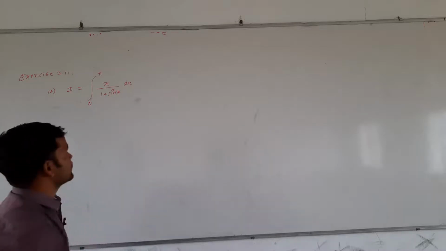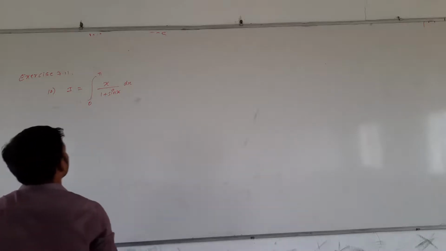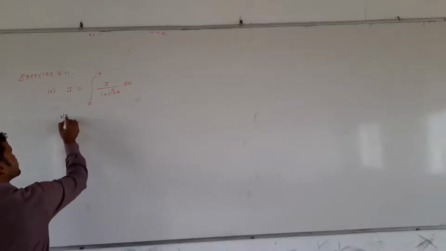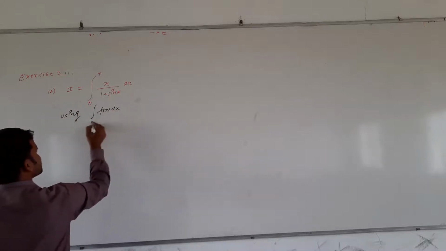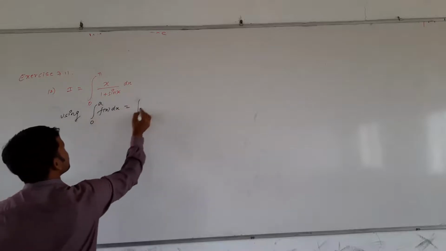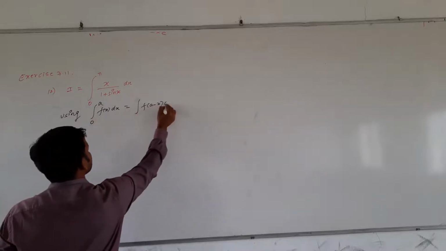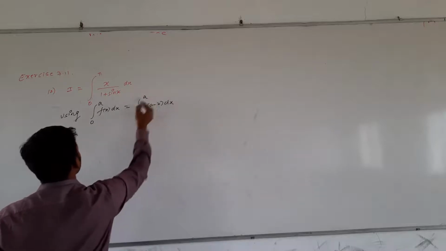Now we have here, using the property integration of f of x with respect to x from 0 to a is equal to integration of f of a minus x into dx from 0 to a.